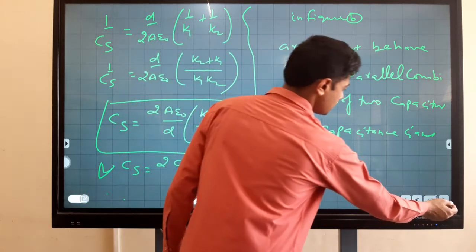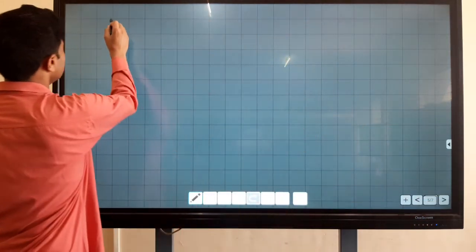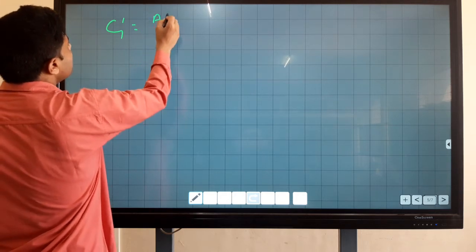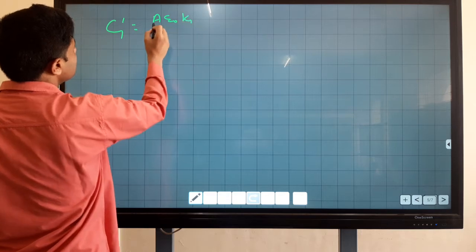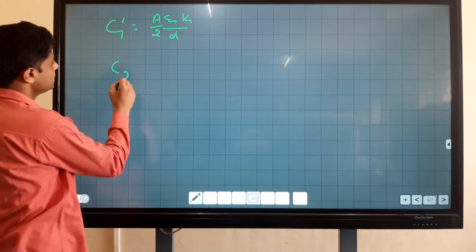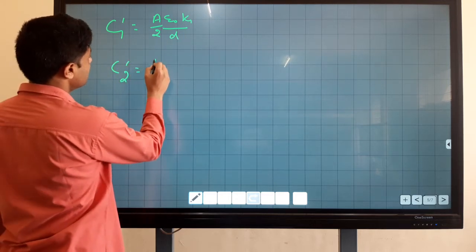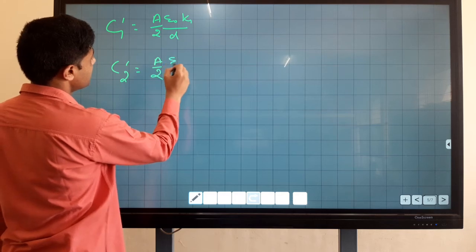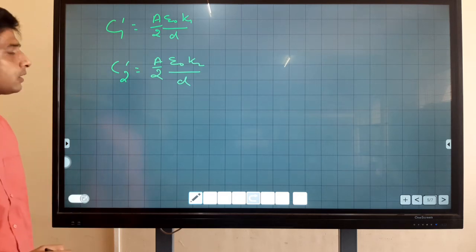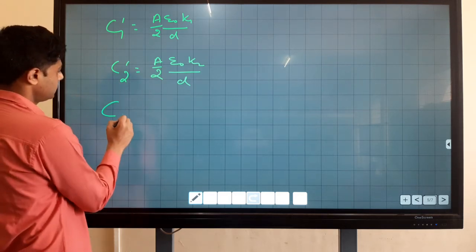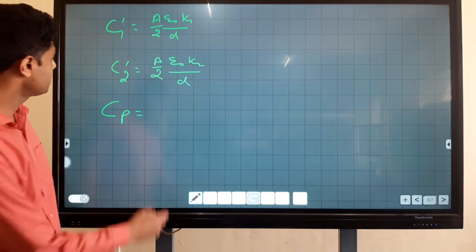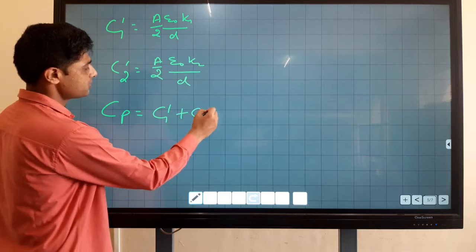The value of C1 dash equals A by 2 epsilon naught K1 upon D, because the area is half, and C2 dash equals A by 2 epsilon naught K2 upon D. The formula for a parallel combination is CP equals C1 dash plus C2 dash.